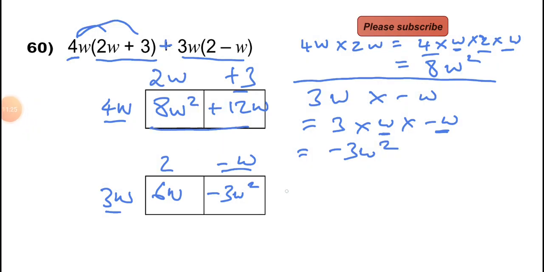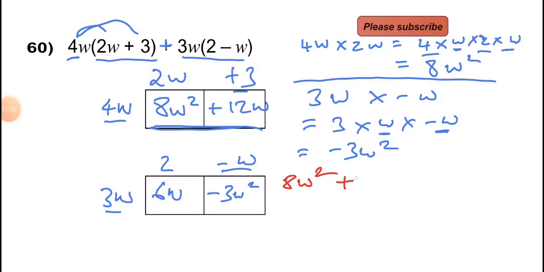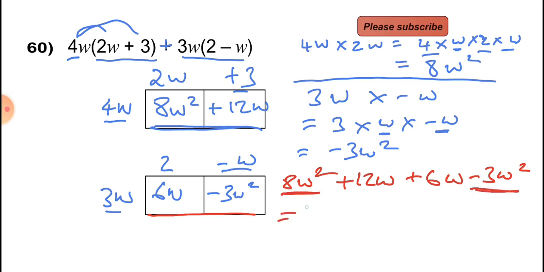So from here, from the top single bracket, we have 8w squared plus 12w, and then from here we have another plus 6w minus 3w squared. So for 8w squared minus 3w squared, collecting like terms there, I will have 5w squared, and then I have plus 12w plus 6w, which is plus 18w.